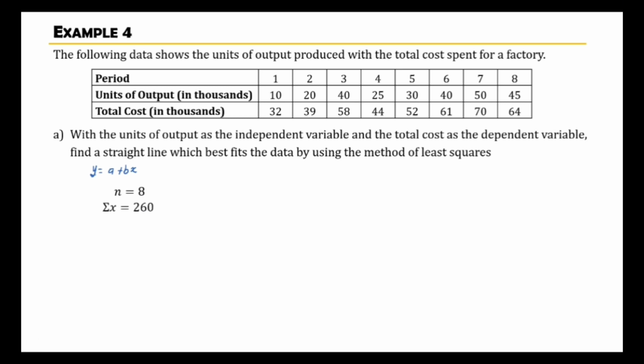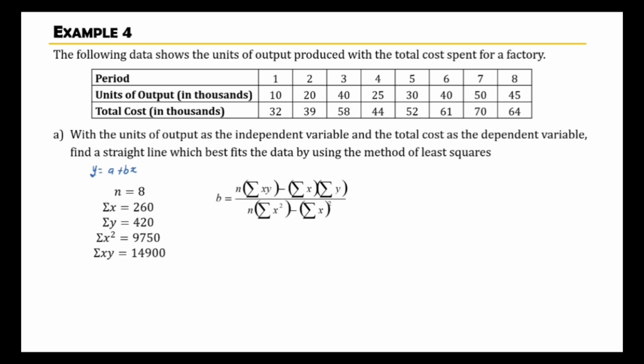total of x is 260, total of y is 420, total of x square equal to 9,750, total xy is 14,900. b equal to this formula and a equal to this formula.